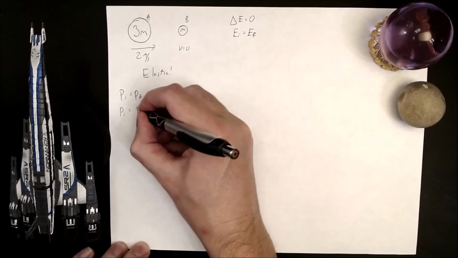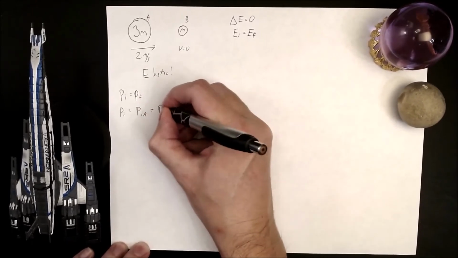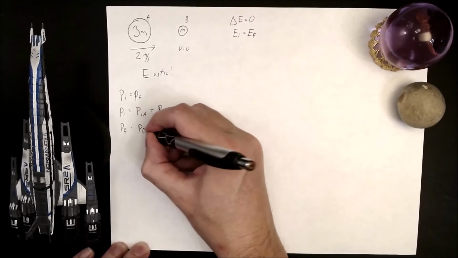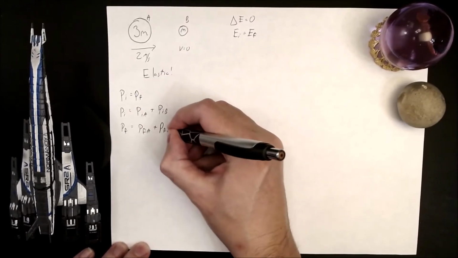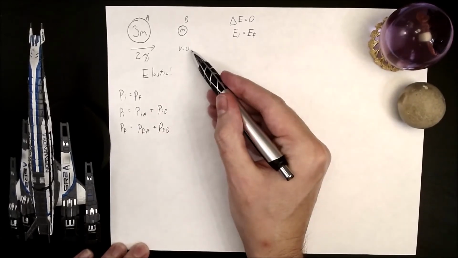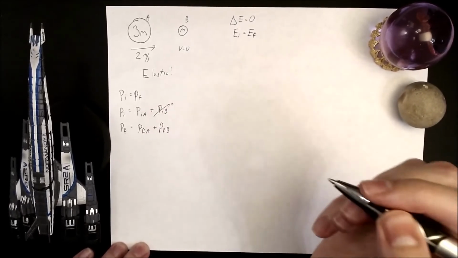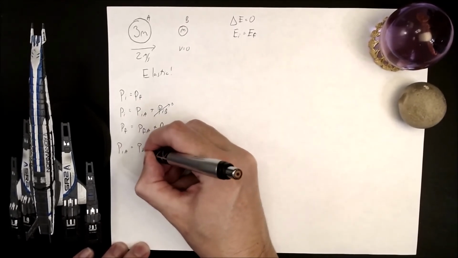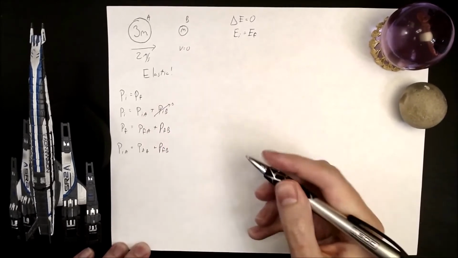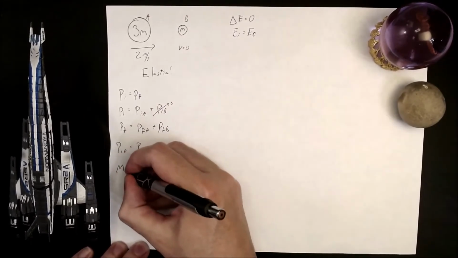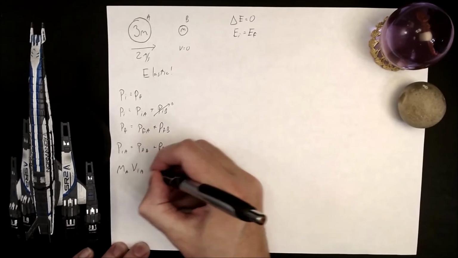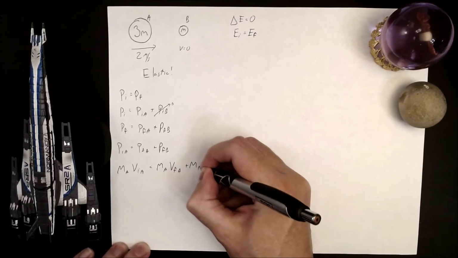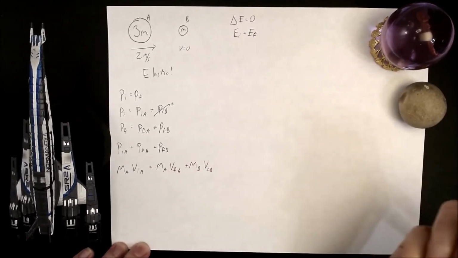It's going to be momentum initial A plus momentum initial B, momentum final A plus momentum final B. If the initial velocity of B is 0, then we can disregard that and say that momentum initial A is equal to momentum final A plus momentum final B. And we can say that mass of A times velocity initial A is equal to mass A times velocity final A plus mass B times velocity final B.